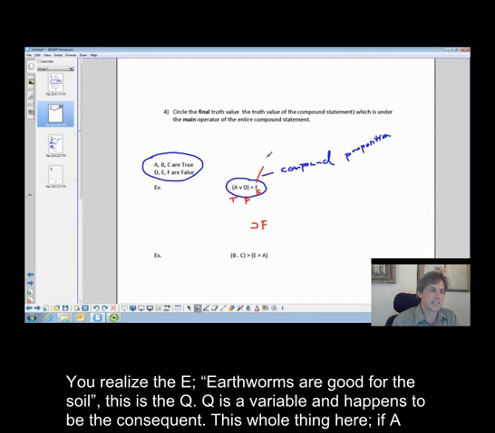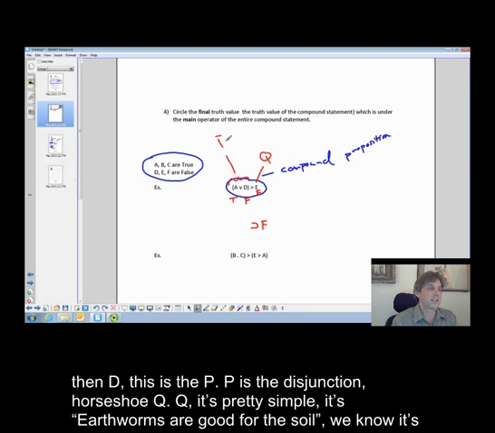E, earthworms are good for the soil, is the Q. Q is a variable and happens to be the consequent. This whole thing here, either A or D, is the P. P is the disjunction. Horseshoe Q.